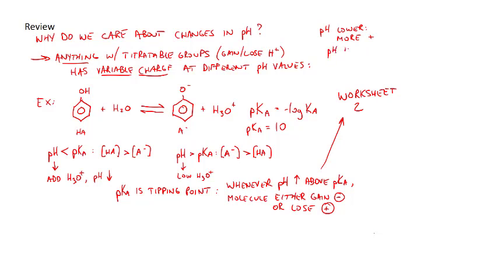And whenever pH is higher, your biomolecules will be more negative whenever you have water as a solvent. This is a general case, and we're going to see it come up time and time again in this course.